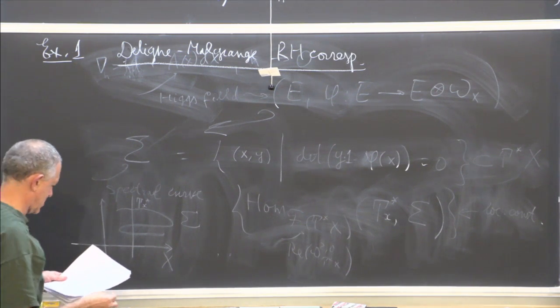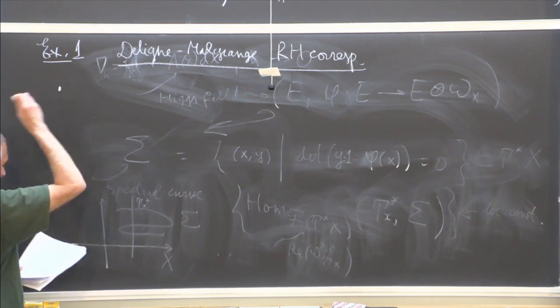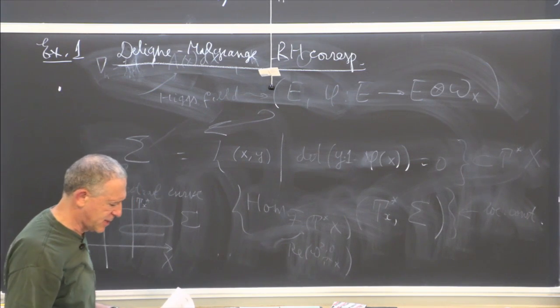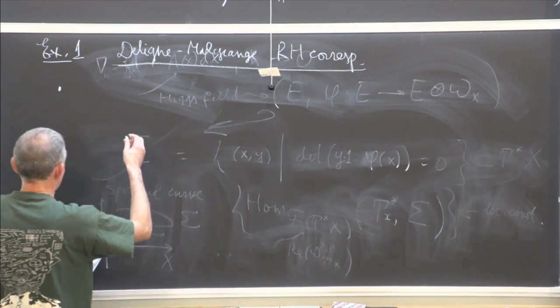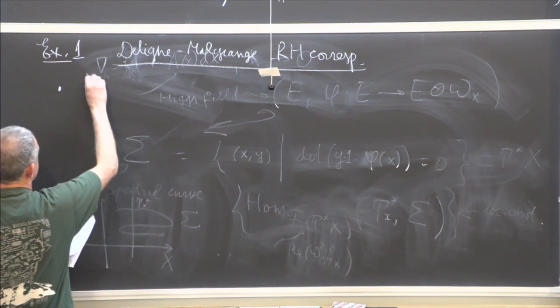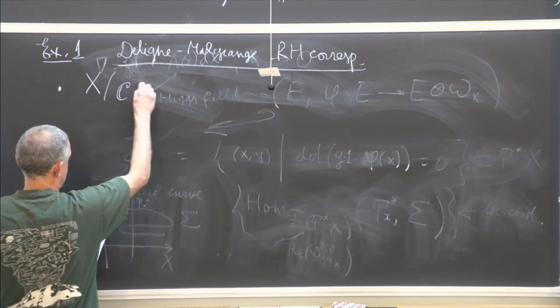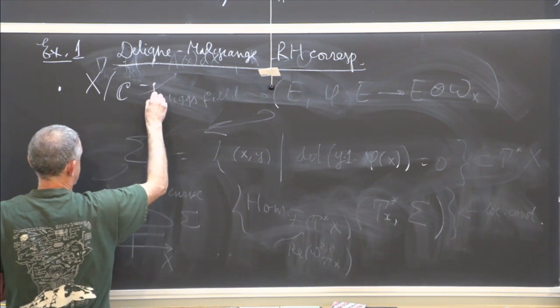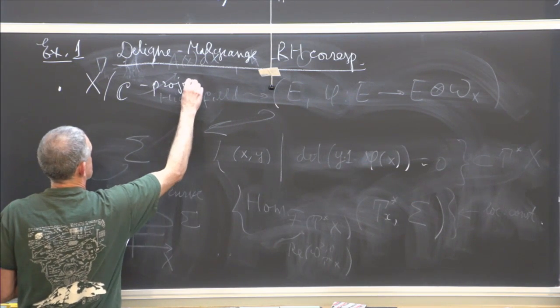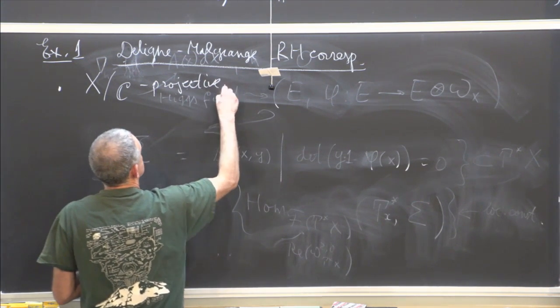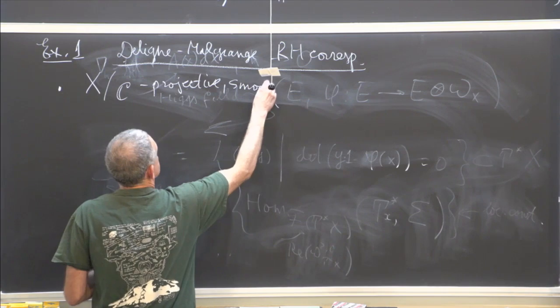All right, so let me recall some notation and data. Now X will be a complex projective smooth curve.